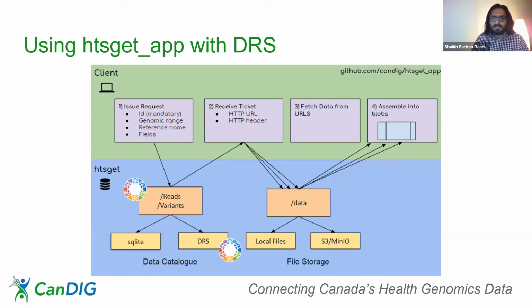With our implementation, we were very successful in being able to modularize the backends that the htsget protocol and application can speak to, and as we increase the number of CanDIG sites and provide access to more and more data repositories, we want to make sure that we have a modular approach to be able to connect those different data backends and make them interoperate with the genomic streaming protocol that we have used in htsget.